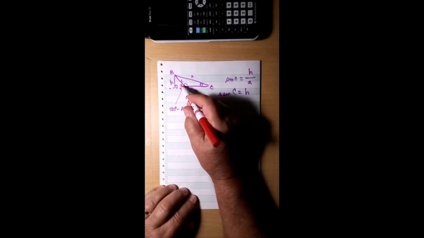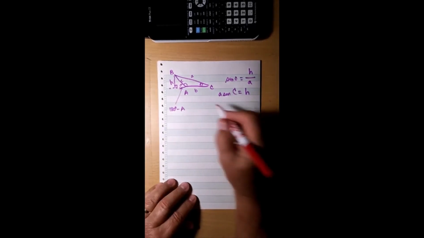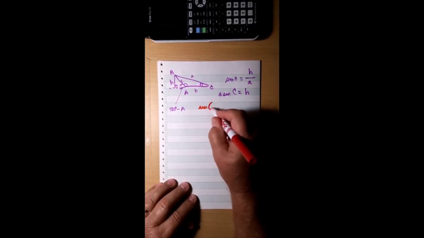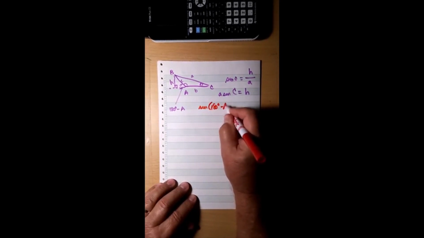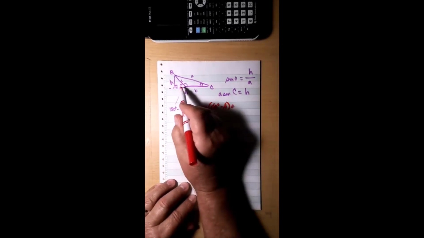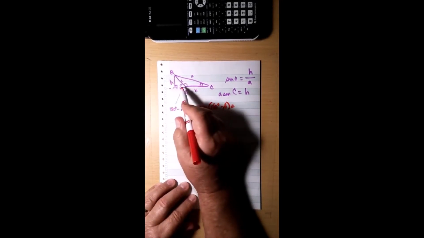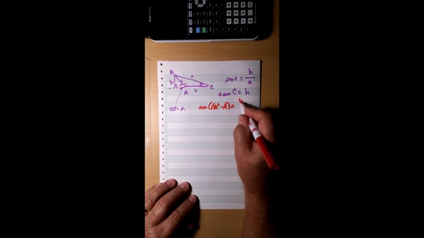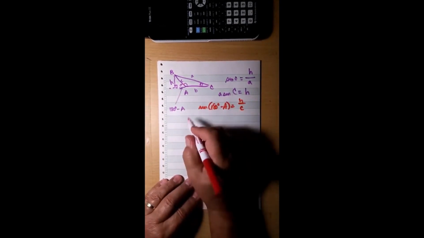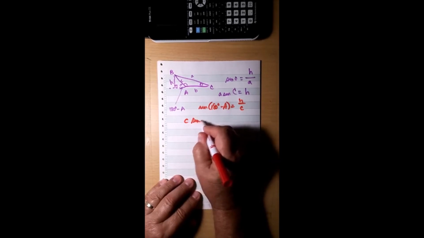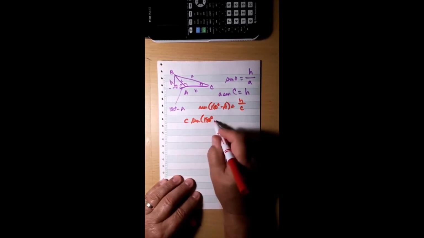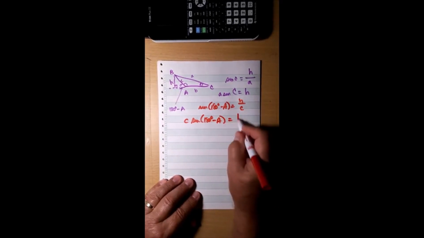Okay, we've got that. We can also see, hopefully you can see, that if you use this little angle, 180 minus A, what is the sine of 180 degrees minus A? Well, that's using this little bitty triangle here. It's the opposite, h, over the hypotenuse, c. So c sine of 180 degrees minus A is h.